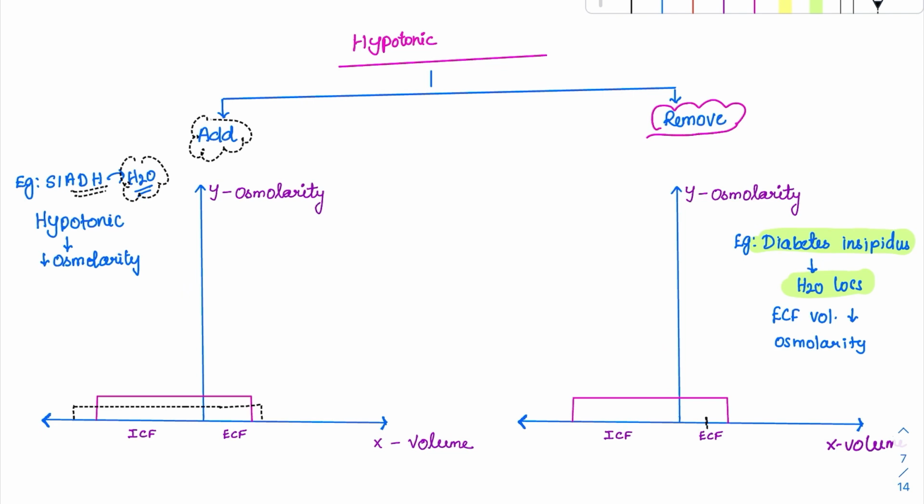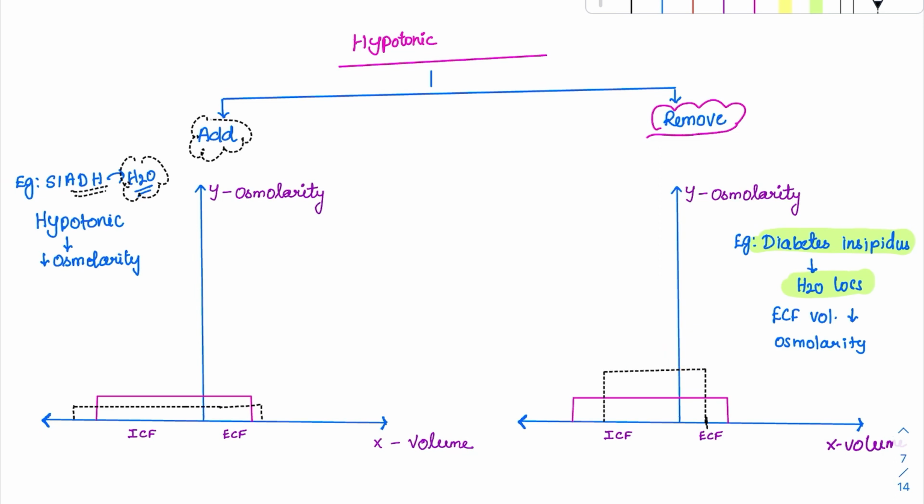Since the volume is less, the number of solutes compared to that volume will be more, so the osmolarity is going to increase. Initially the fluid will be sent from the ECF, but at a later stage, it will be dragged from the ICF also. So the ICF volume also contracts, but both will reach a new equilibrium osmolarity.